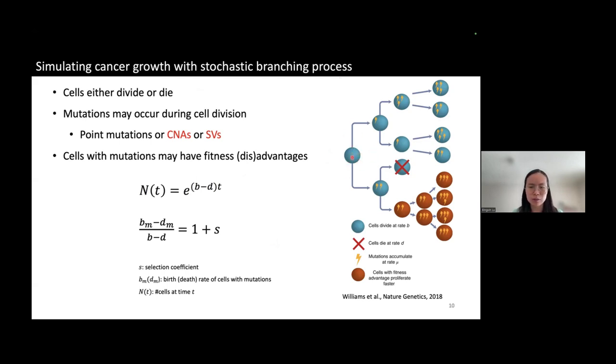We start from a normal cell, and during cell division, we can introduce some mutations, such as copy number alterations or structural variants. The cells with certain mutations may have fitness advantages or disadvantages, measured by a selection coefficient. If it has fitness disadvantages, it may die. If it has advantages, it may expand. We can simulate this process until we reach a certain number of cells.